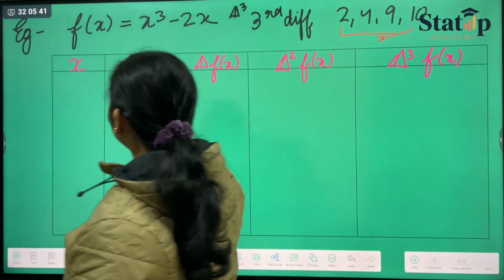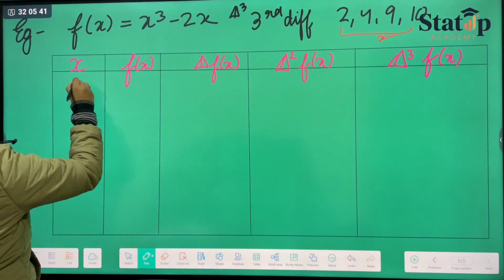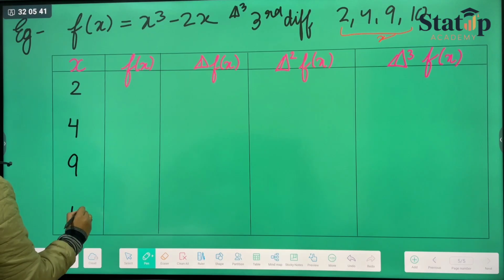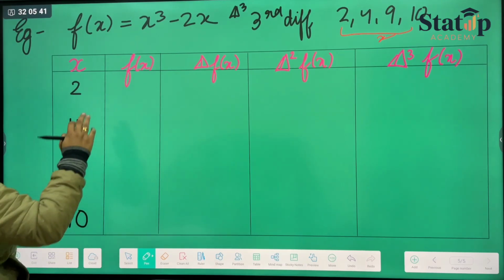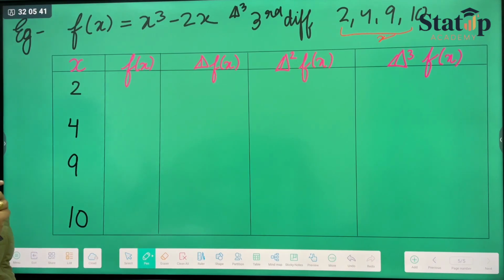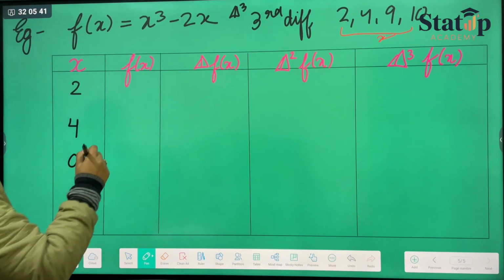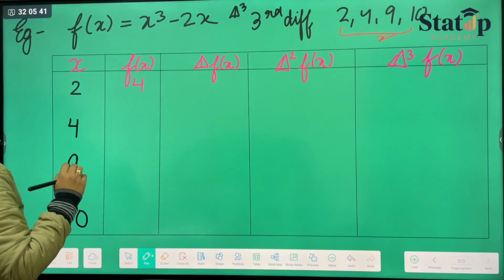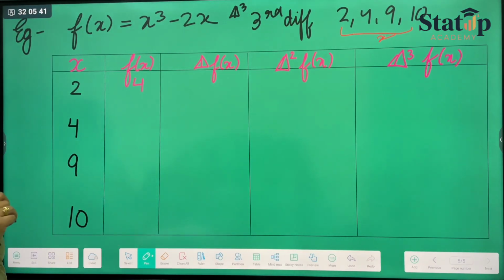Okay, so our arguments are 2, 4, 9 and 10. If we put 2 in this f(x) equation, 2 raised to the power 3 is 8, 8 minus 4 will be 4 only. So we will write 4 here. 4 raised to the power 3 is 64, minus 8 will be 56.